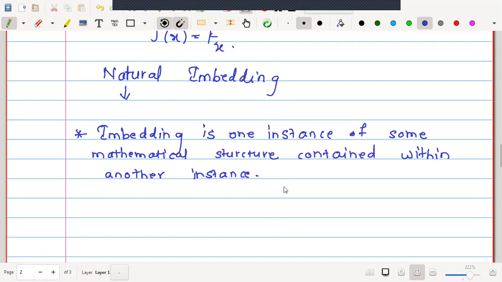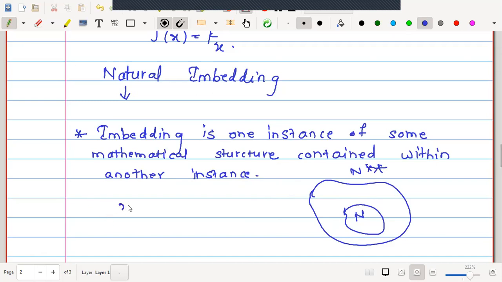Now here we are saying N is contained in N double star. But this containment is not by the set theory definition, because the nature of elements of both the sets is different. In the normed linear space N, we have all the vectors.